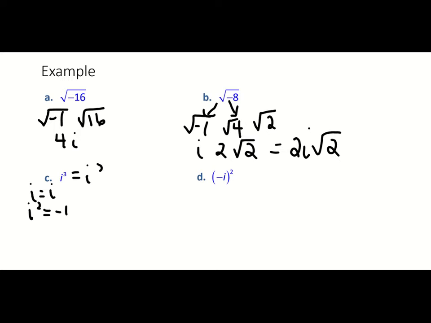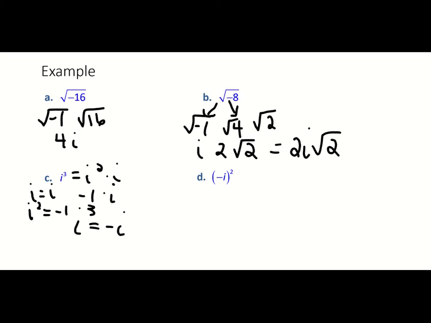We have i squared times i. We know i squared is equivalent to -1. And we know i is equivalent to i, or the square root of -1, but we're not keeping it in radical form. We're keeping it in complex form. So here, -1 times i, i to the third power, is going to be equal to -i.